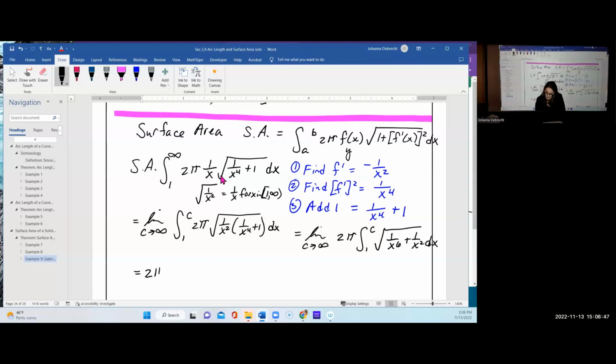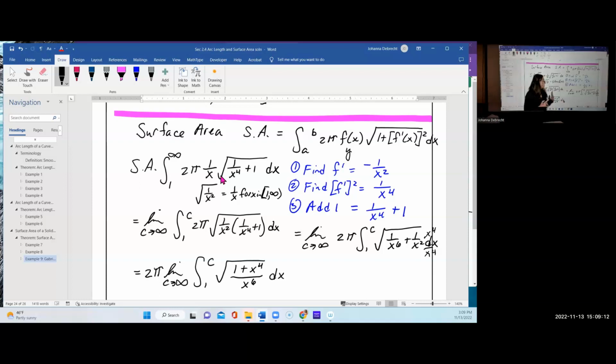So in fact, I can pull the 2 pi out of the limit as well. And now I want to take the integral from 1 to c. I want to get a common denominator, which is x to the 6th. So I'm going to multiply this by x to the 4th over x to the 4th. And this will give me 1 plus x to the 4th, all divided by x to the 6th.